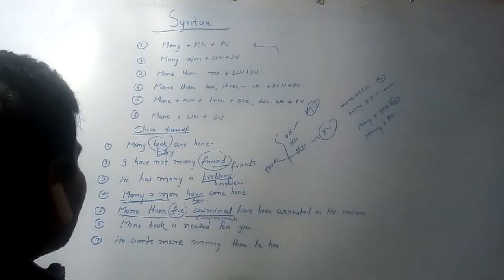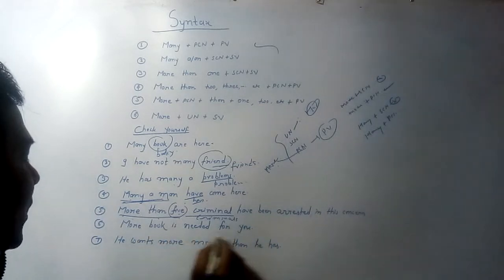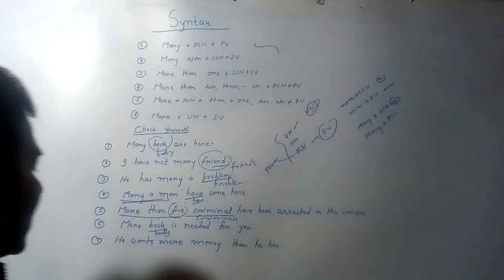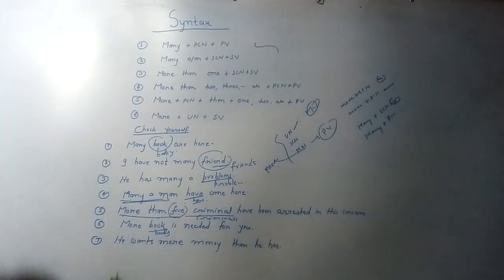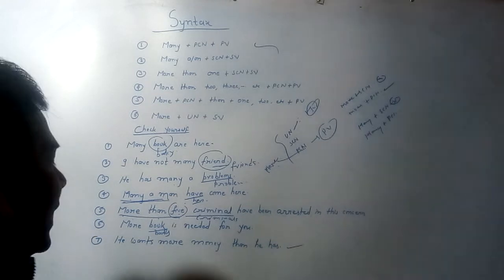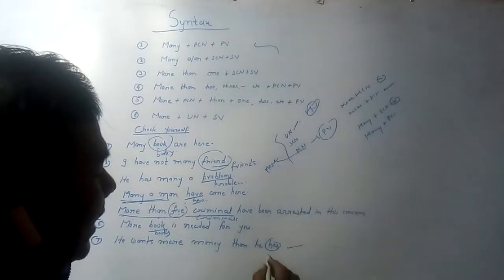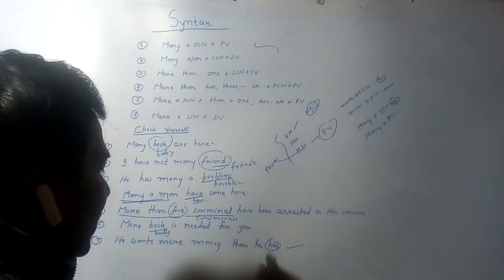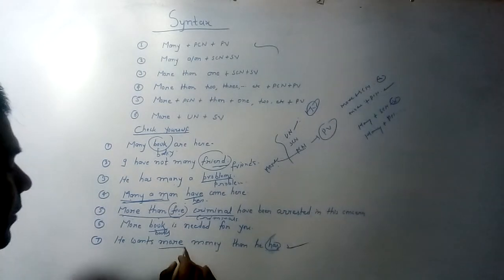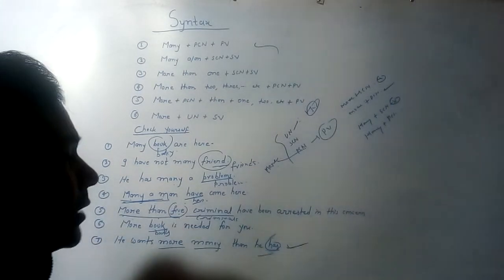Then this is right. Okay, more book is needed for you. Don't use book, you use books. Okay, next structure: he wants more money than he has. This is a right sentence, because has is used here. Because you know that more money is an uncountable noun, in this case you can use a singular verb.